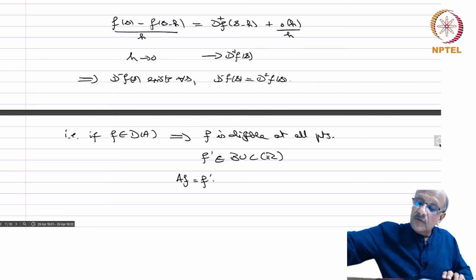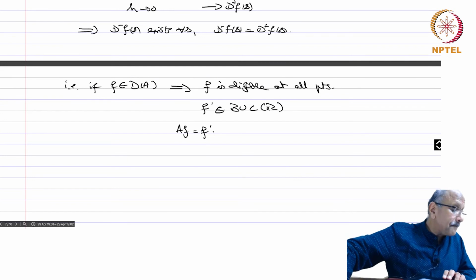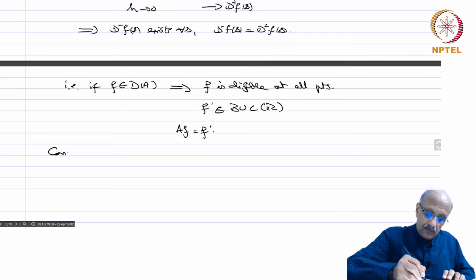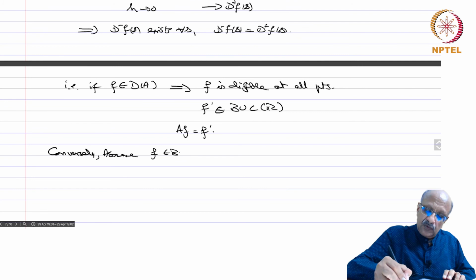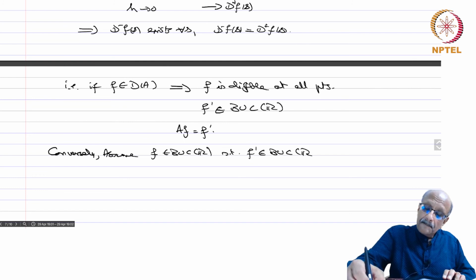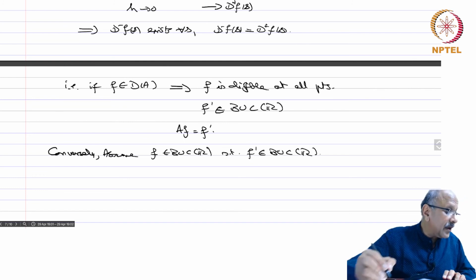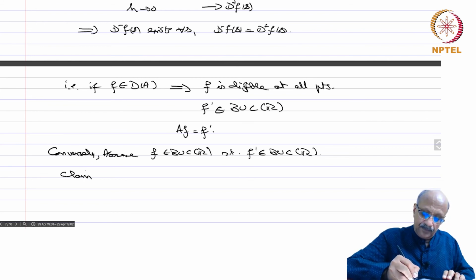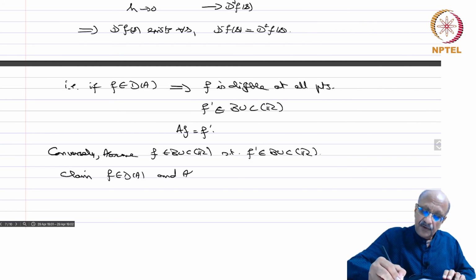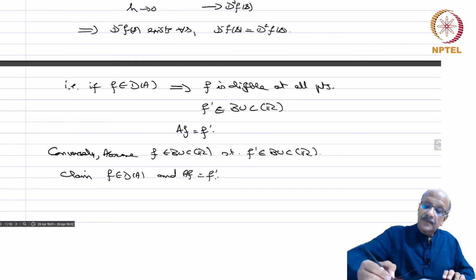So conversely, assume f belongs to BUC of R such that f dash is also in BUC of R. Then we claim f is in D(A) and Af equals f dash.